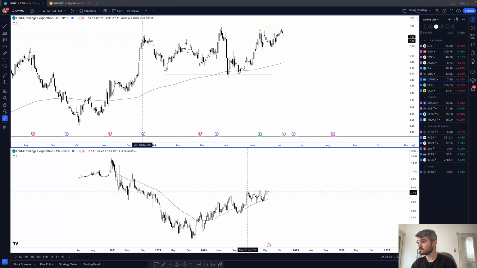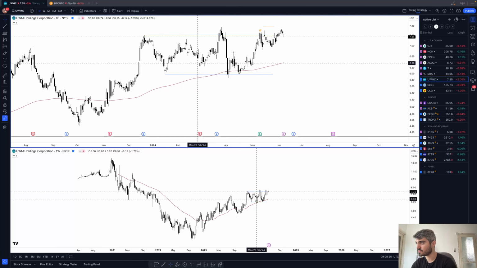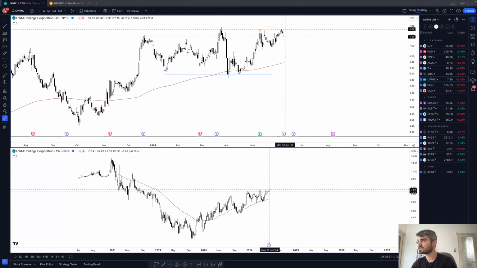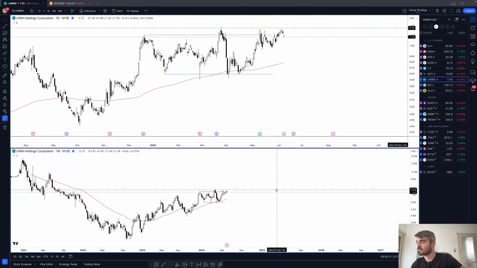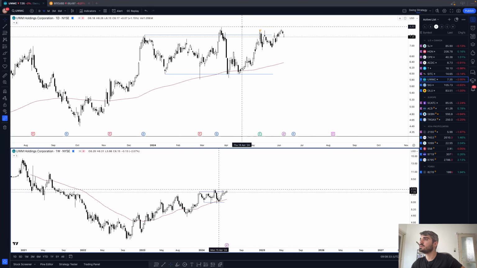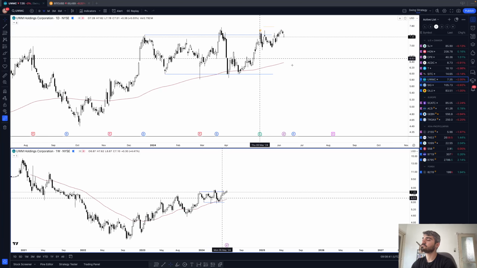Okay, once again, 1, 2, 3, 4, 5, 6 reversals within. We really need price to close above this minor weekly high, okay, or major daily high.